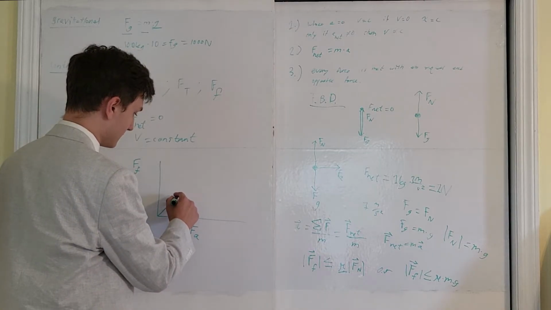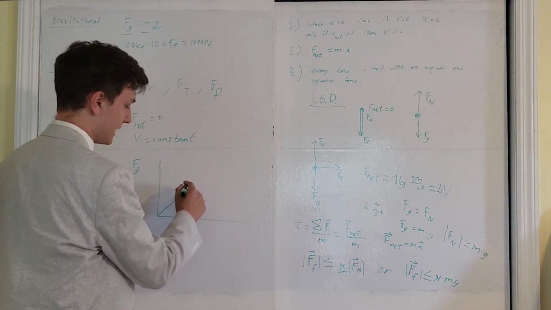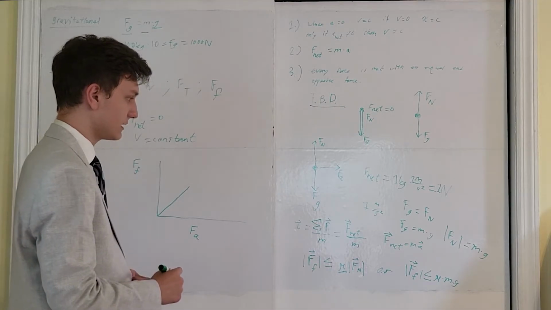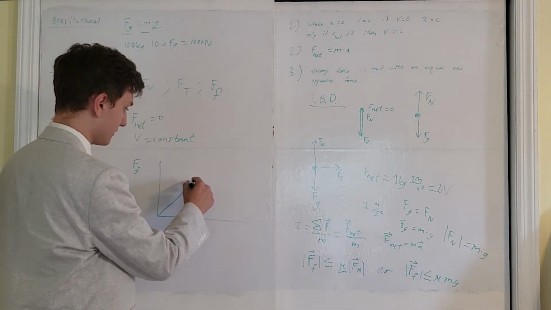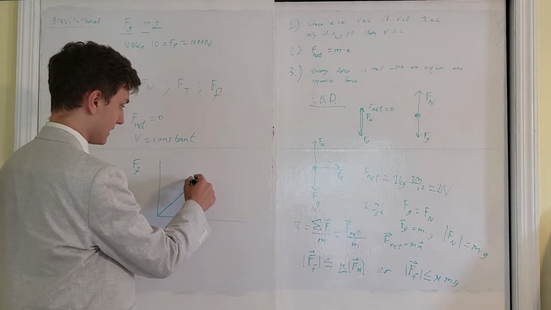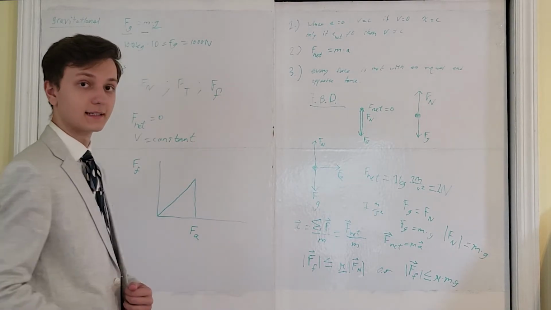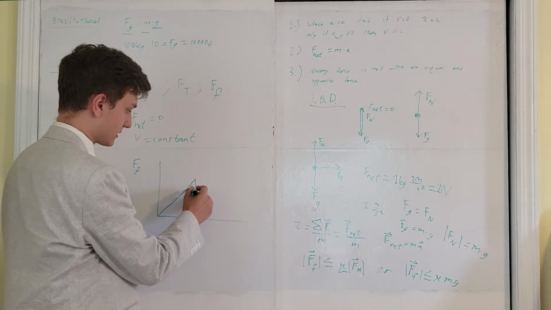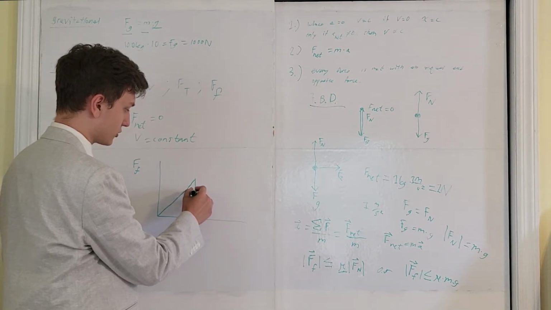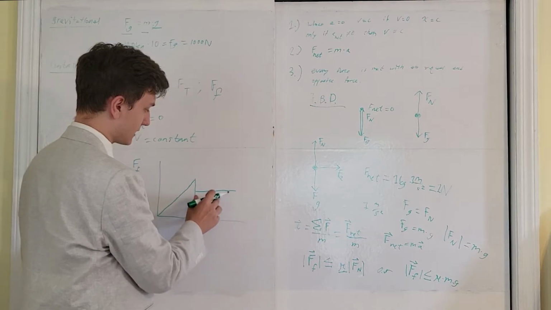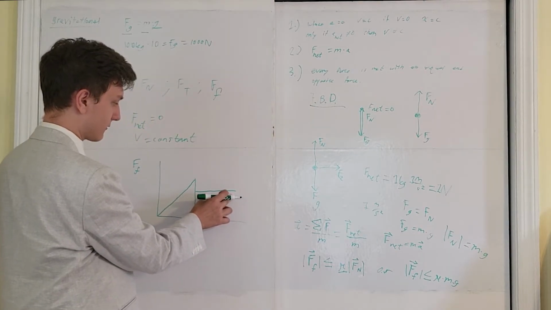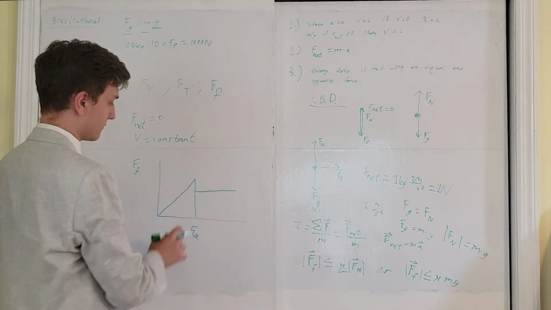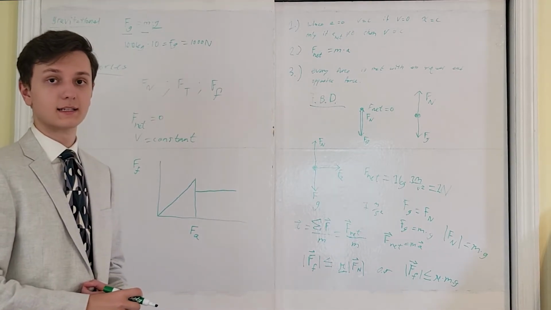Okay? And the static frictional force will continue to increase up to a maximum value, and it is at this maximum value that the eraser starts to move. And then once the eraser starts to move, we transition from static friction to kinetic friction, such that the force applied by kinetic friction is less than the maximum force that can be applied by static friction.